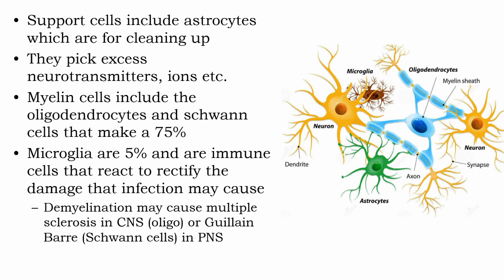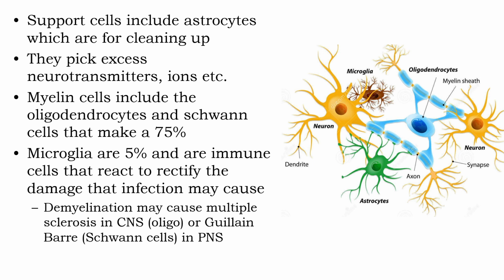Demyelination may cause multiple sclerosis in the CNS, and this is demyelination of oligodendrocytes. GBS is demyelination because of the Schwann cells in the peripheral nervous system.